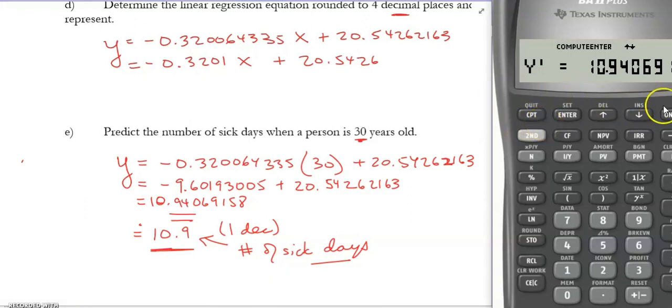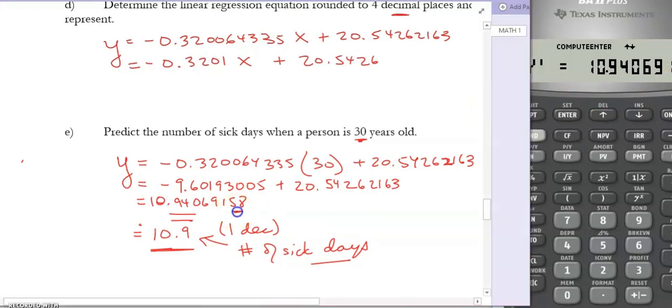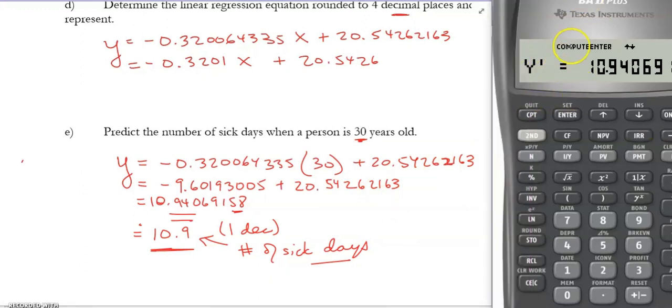Now, there is a rounding difference here, okay? But you can see that to the 1 decimal place, you get the same value. All right, so in the test situation, I do expect all you have to do is use the calculator to find your predicted value when you plug in your x value.